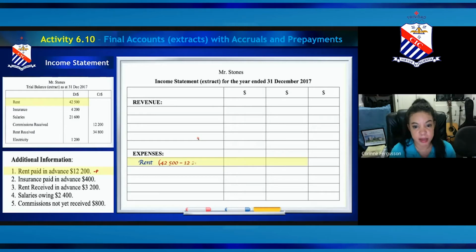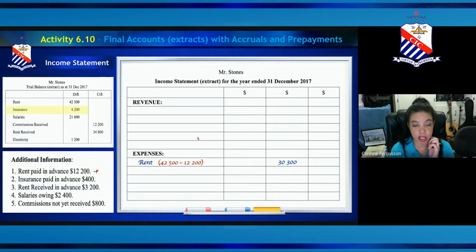You go under expense. You put rent. The amount in your trial balance, 42,500. You lessen the prepayment of 12,200. Put the answer in the middle column, 30,300. That's it. Right? You feel happy, you pat yourself on the back, you move on to the next one.